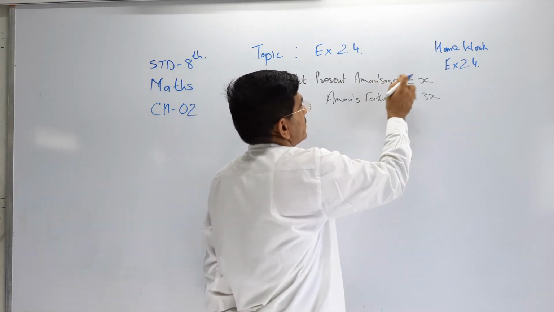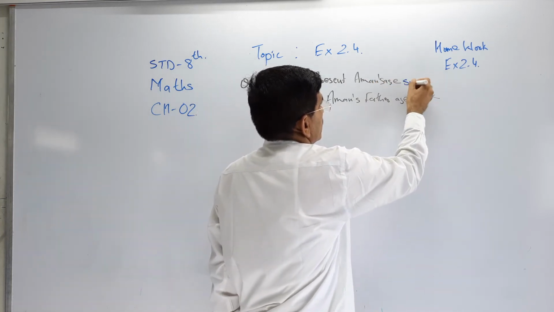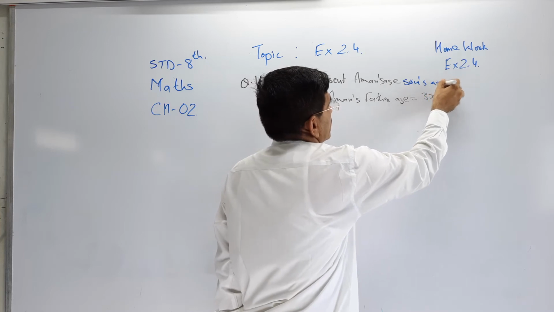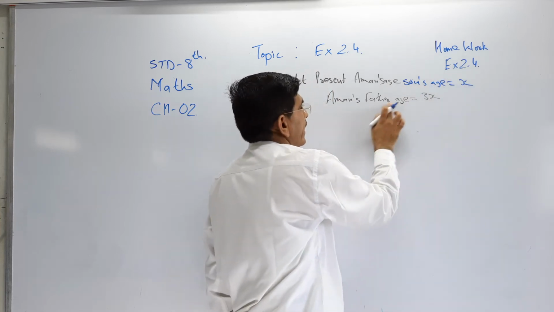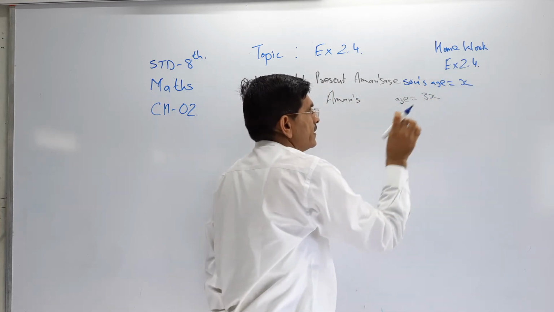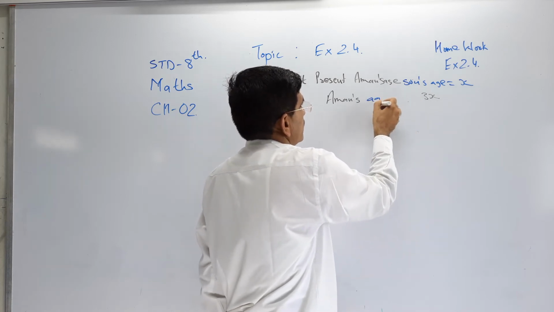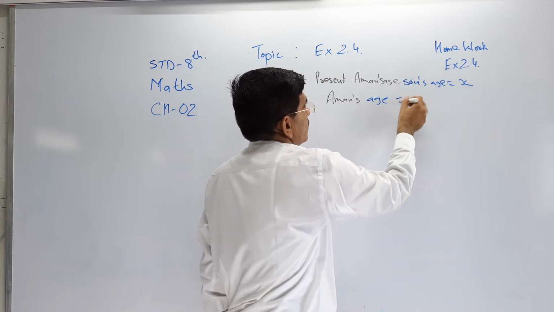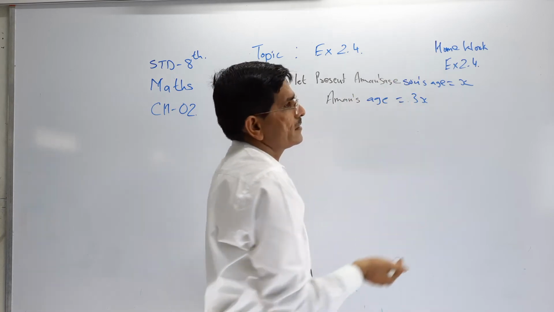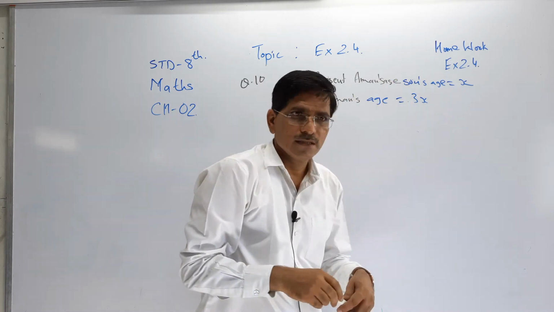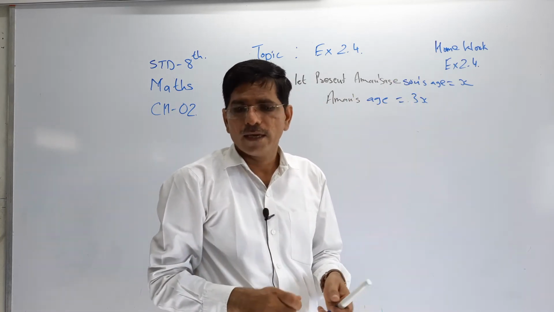So Aman's son's age is x, Aman's age is 3x.